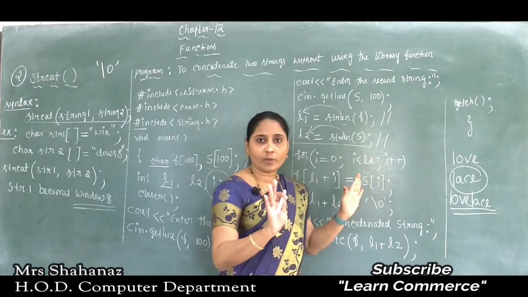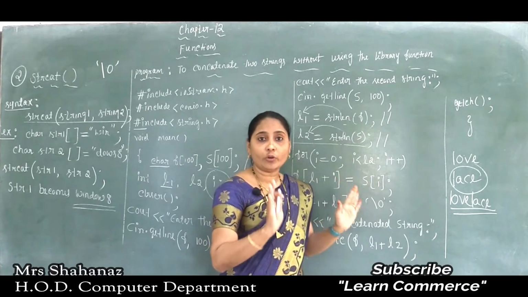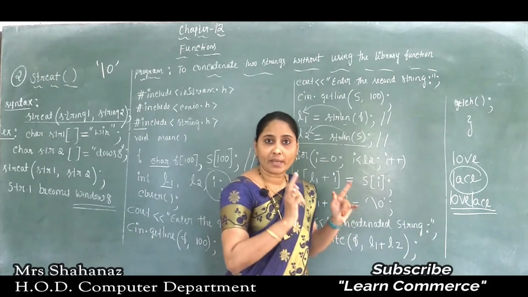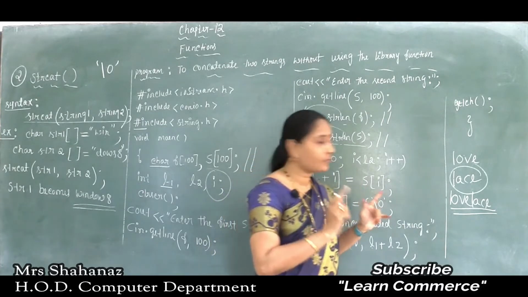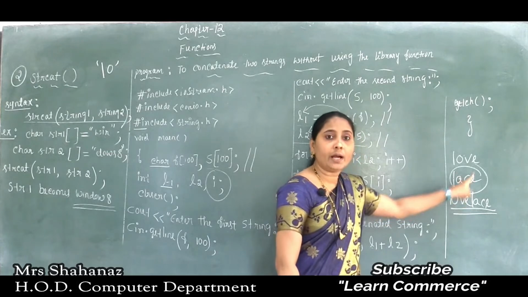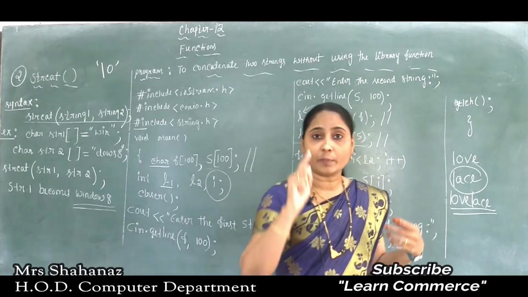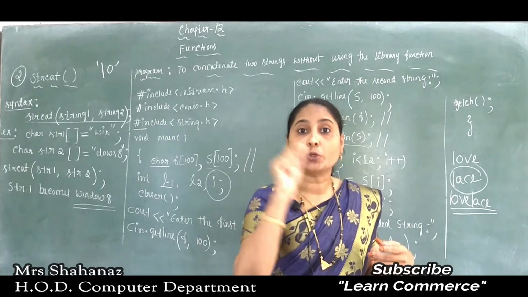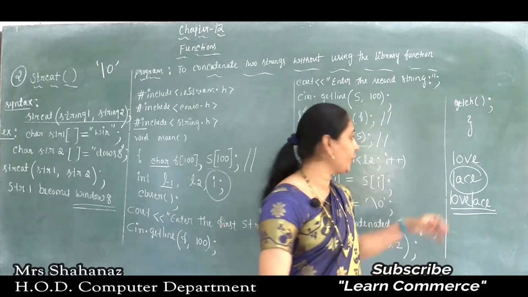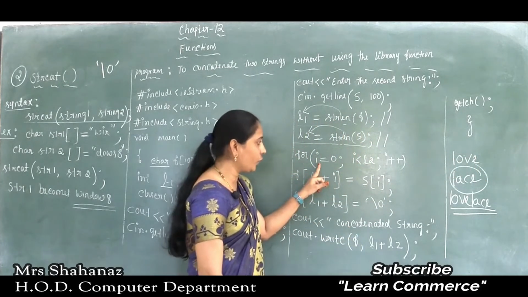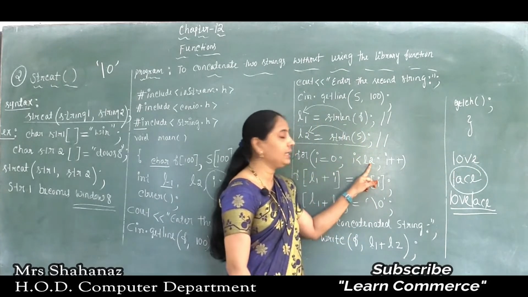Because there is no problem with string 1, no need to access the value of string 1 here, we just need to make the addition from string 2 into string 1. Okay, that means I am going to add string 2 to string 1. Clear this one? So I is equal to 0 semicolon I less than L2.